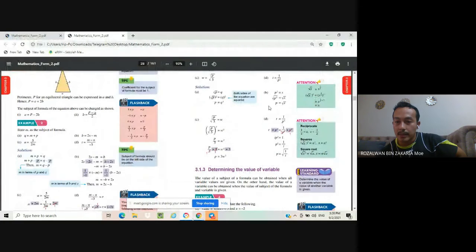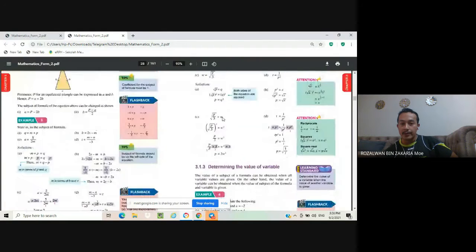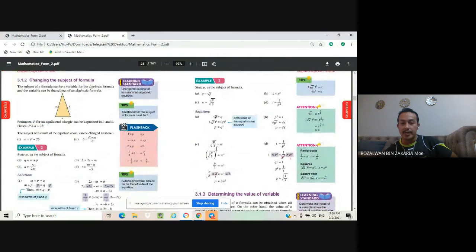So we stop B, so C. Okay, C class. Look at C here. We have a formula, square root P over 3 equal to W. So we want to make it P here to become subject for this formula. So first of all, we want to cancel this square root of 2. So how to cancel this square root of 2?